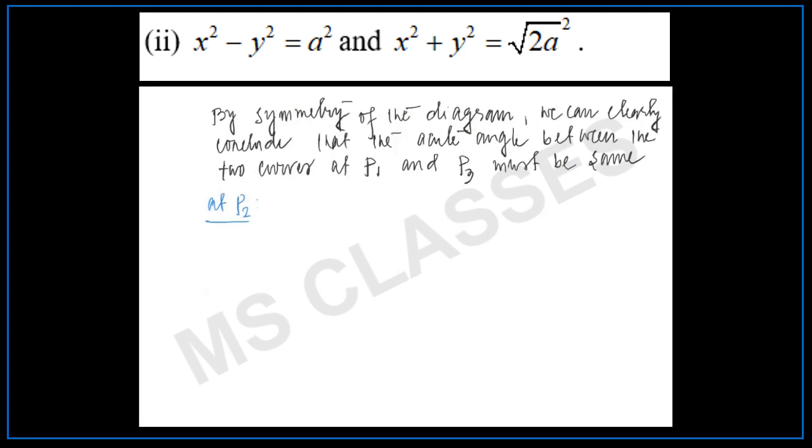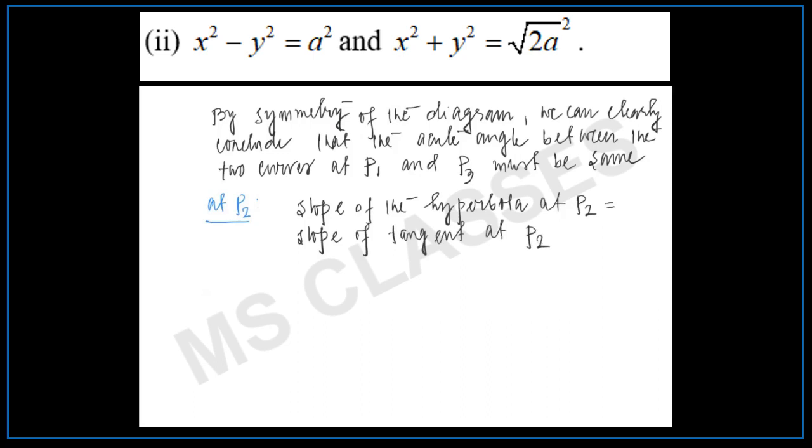So the slope of the hyperbola at P equals the slope of the tangent at P. Here it is m3 we mark, which is dy/dx at P. So you know dy/dx here is x by y.